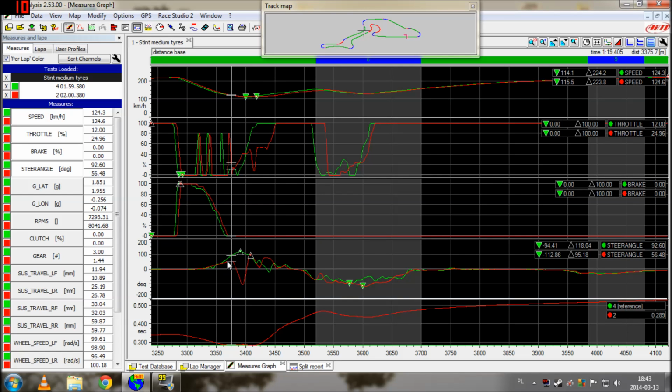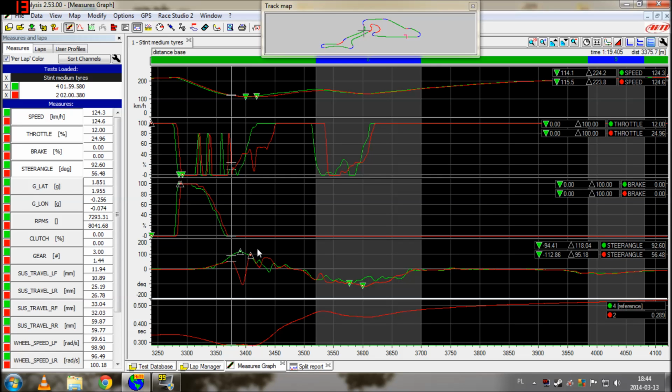But look what happens here. It's very strange. I start braking, and then I start turning the steering wheel left at the same time, but then I noticed something was wrong, and I unwound.